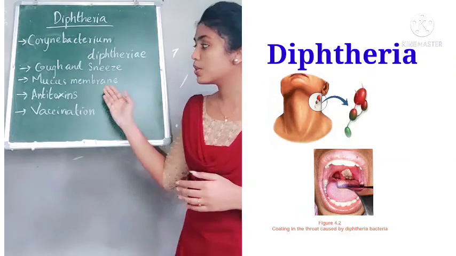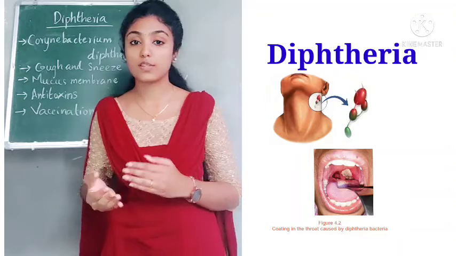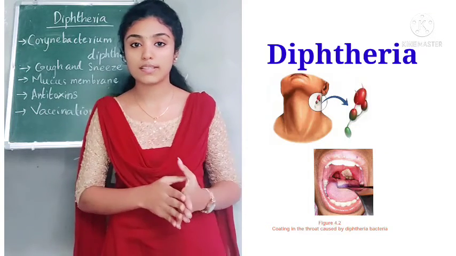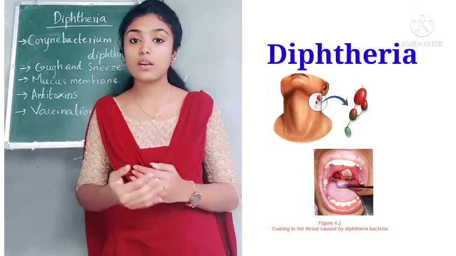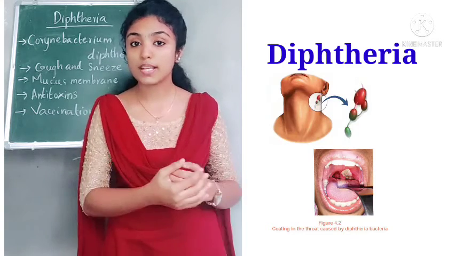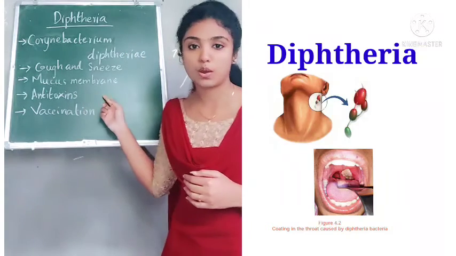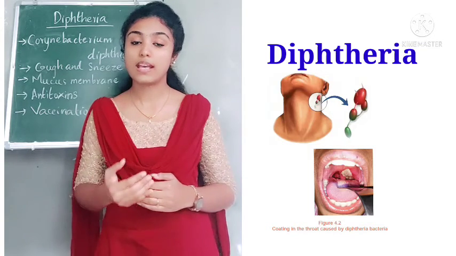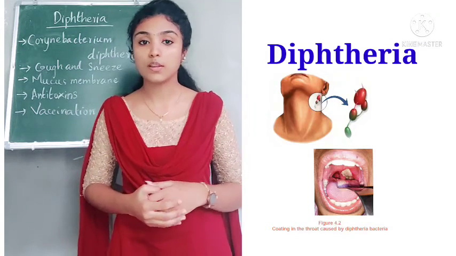Then we can use antitoxins to protect our uninfected or undestroyed cells. We can't recover our destroyed cells, but we can protect our undestroyed cells by using antitoxins. But the better solution is to take vaccination as a preventive measure against diphtheria.